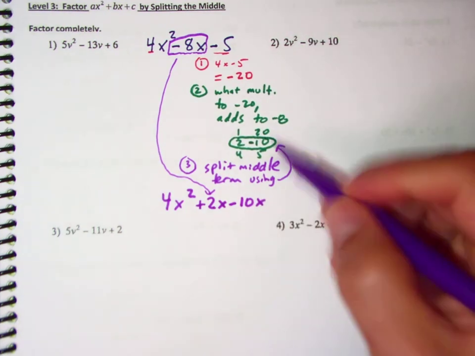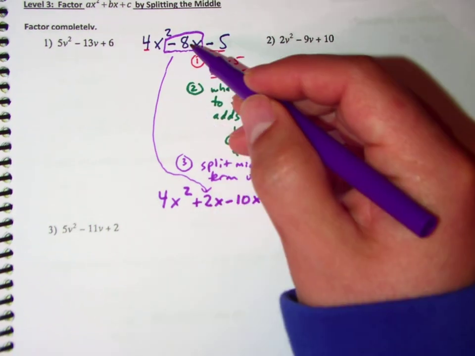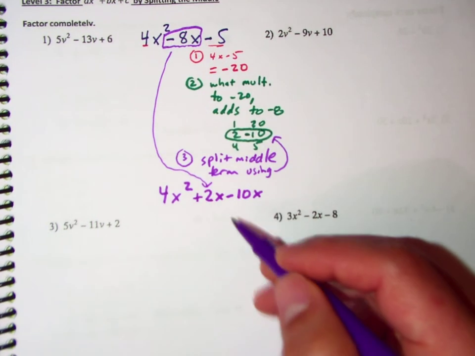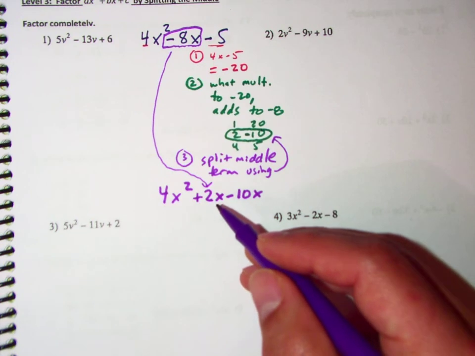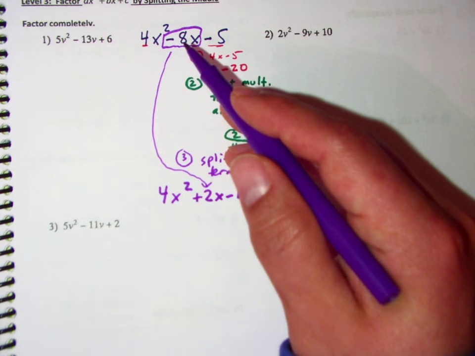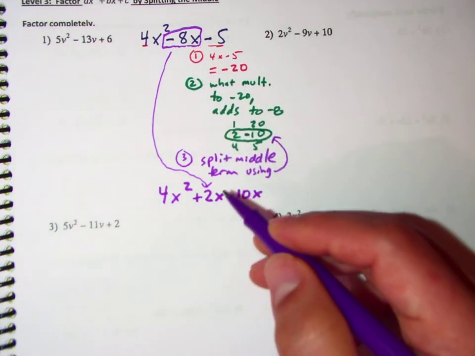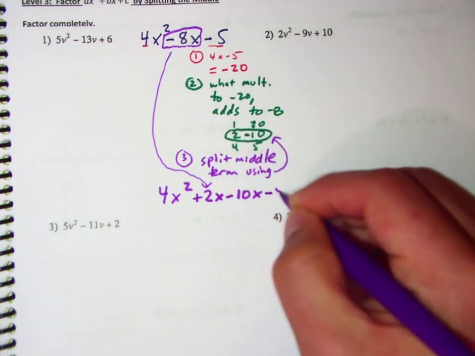Okay, so these numbers tell you how to split up the negative 8x to proceed from here by grouping. Okay, so notice 2x minus 10x is still negative 8x, so we haven't changed the problem at all. We've just rewritten it in a different way. And then don't forget to bring down the last part, which is the minus 5.